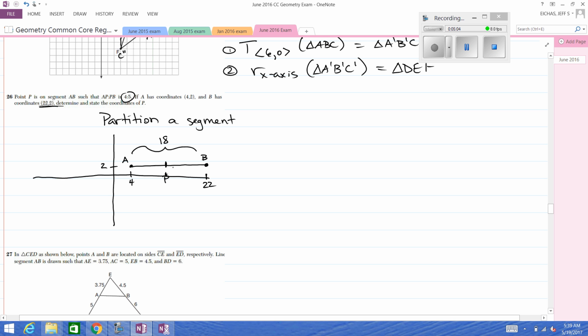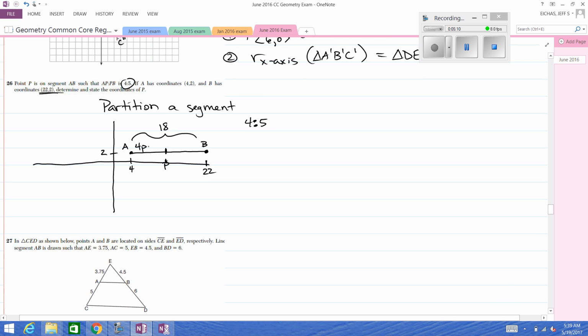All right. So when you see a 4 to 5 ratio, you're going to need 4 parts here, and you're going to need 5 parts there. What I like to say is that's a total of 9 equal parts. And since we have 18 units to get 9 equal parts, we're going to need 2 each.